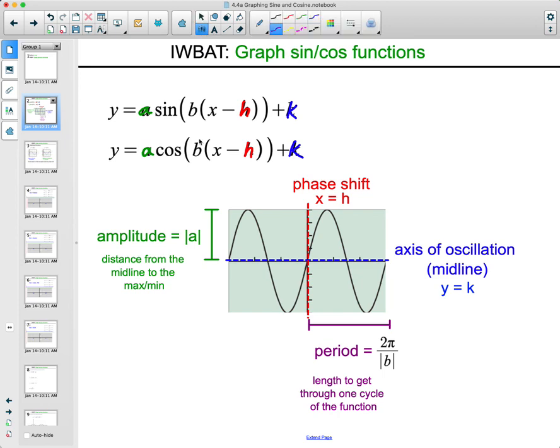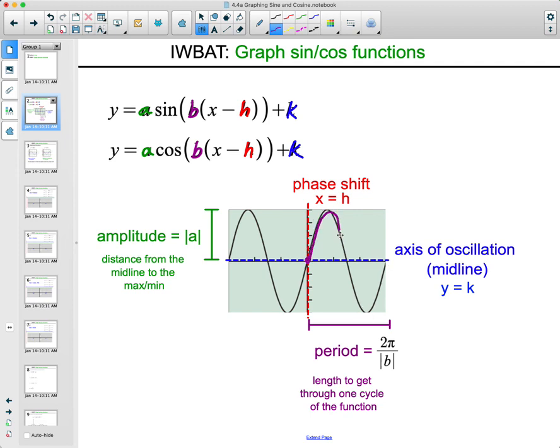And then, like I said, this b value right here changes how far apart these peaks are. Okay, so this is going to horizontally change the period. So the period is how far it takes to get through one full rotation. So you can look from this midline point or this starting point here up all the way down and back to the middle.